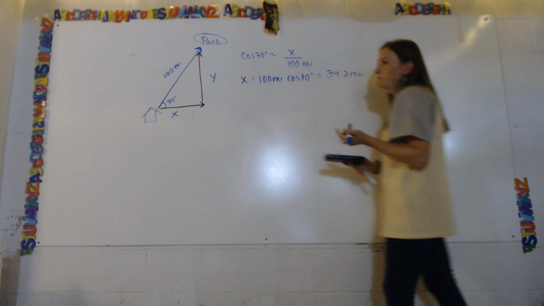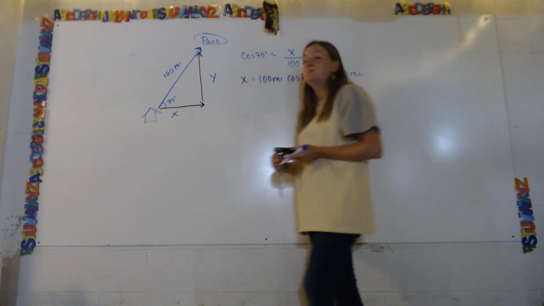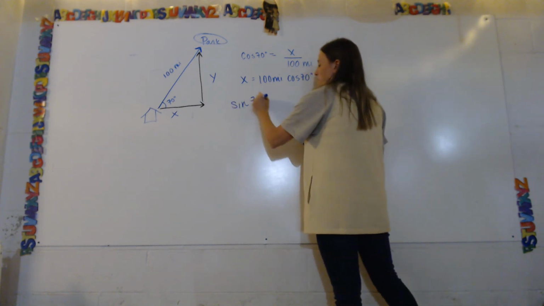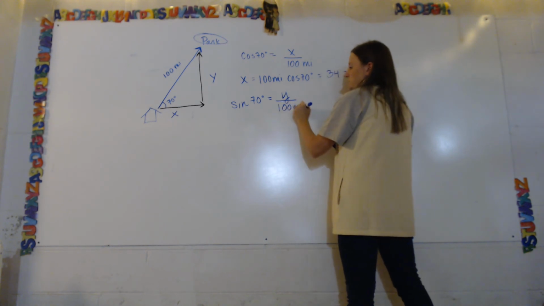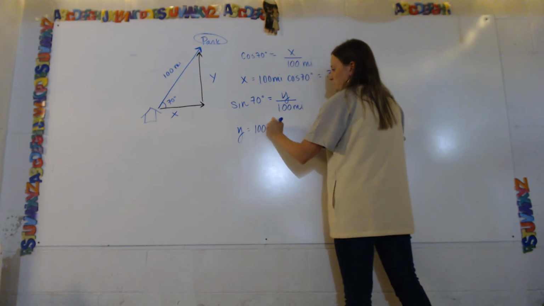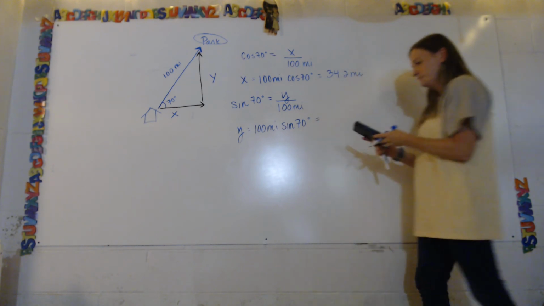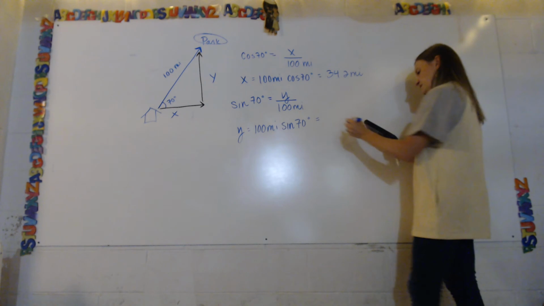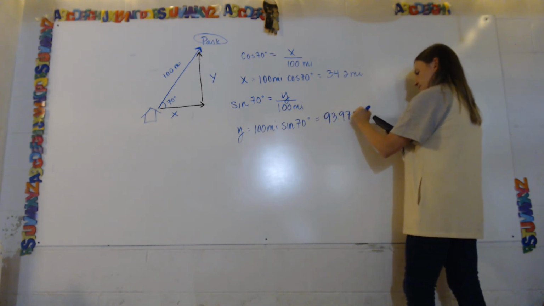And then if I want to find the y component, y is opposite this 70 degrees, right? So if I think about my trig functions, opposite over hypotenuse would be the sine function. So I'm going to say the sine of 70 degrees is equal to y over 100 miles. So y ends up being 100 times the sine of 70 degrees. And so when I put that in my calculator, I get 93.97 miles.